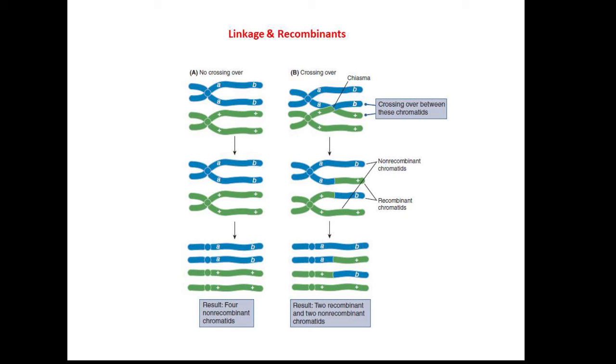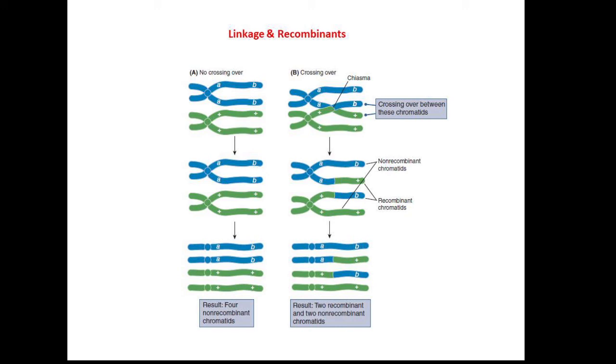The alleles a, small b and the plus alleles are present on the same chromosome pair as they come into the gametes. So the result is 4 non-recombinant chromatids from the two homologous chromosomes.